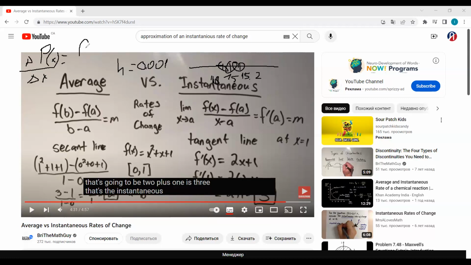We take f of x plus h, subtract f of x, divided by x plus h minus x, so we have only h left.